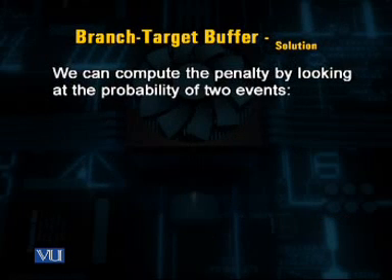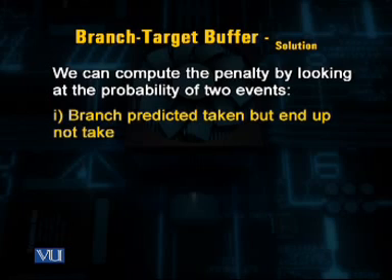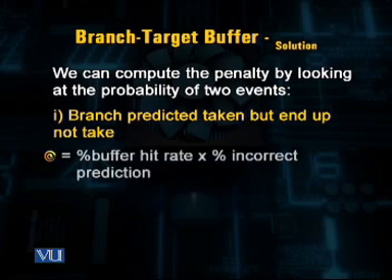We can compute the penalty by looking at the probability of two events. Number one, branch predicted taken, but it ends up not taken. So this is equal to percentage buffer hit rate multiplied by percent incorrect prediction.